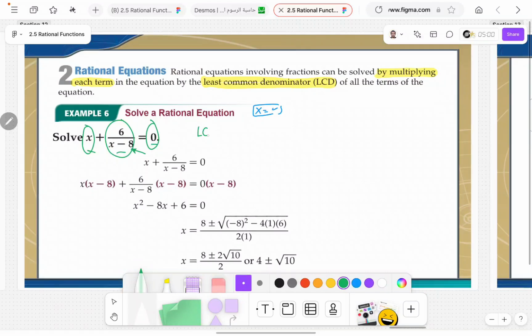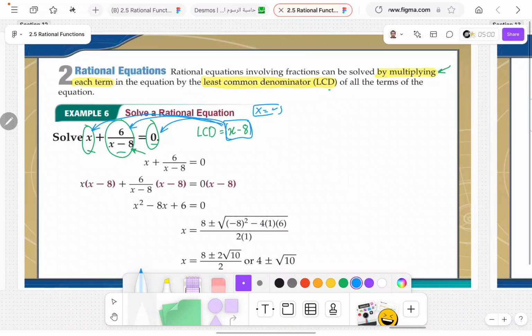So the LCD is x minus 8. Now I have to multiply x minus 8 for every term.